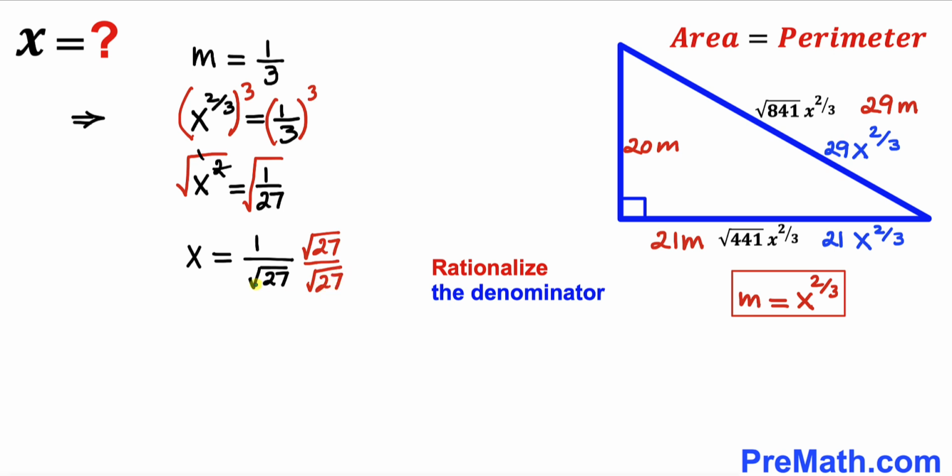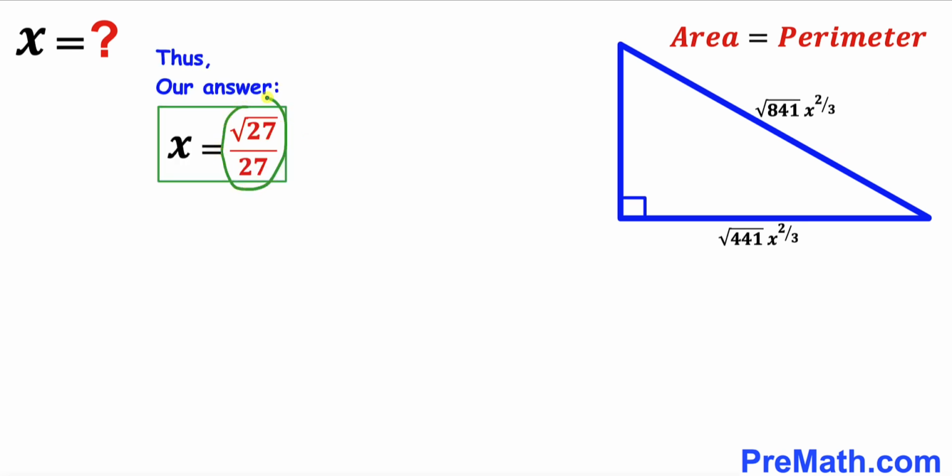At the denominator, square root of 27 times square root of 27 is simply 27. So our x value turns out to be square root of 27 divided by 27, and that's our final answer.